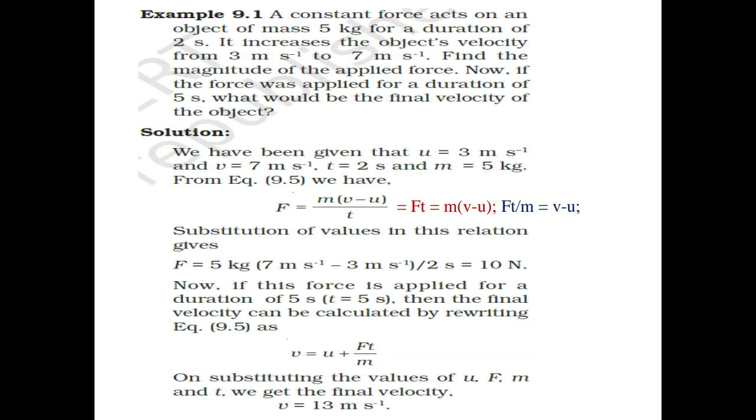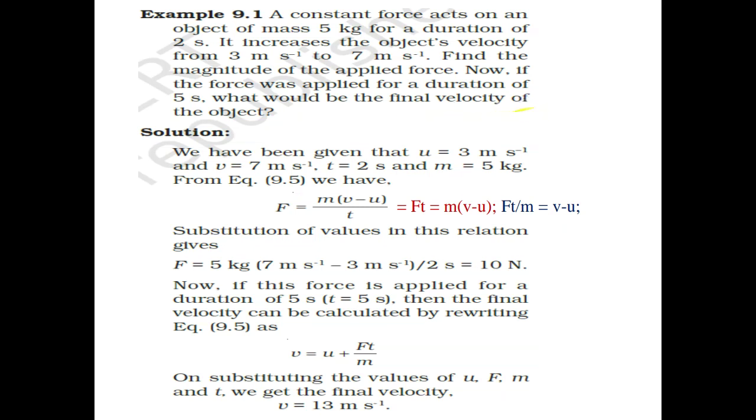Now, in the second part, find, if the force was applied for a duration of 5 seconds. This is the force which we have calculated. If the same force was applied for a duration of 5 seconds instead of 2 seconds, so in the second part we will take force the same as calculated in the first part and time equal to 5 seconds.